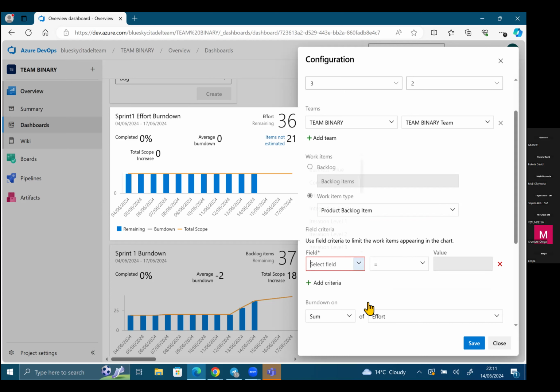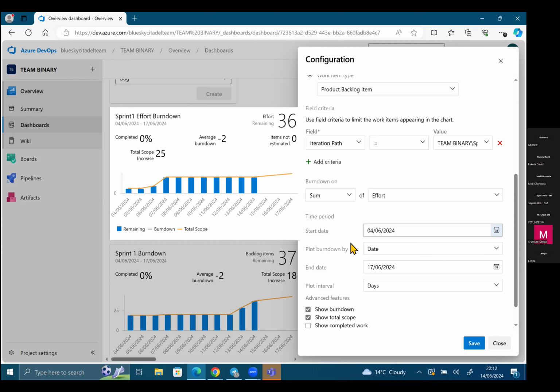Yes, that's for your product backlog item, the backlog stories themselves. So if you do the same thing, go to where you pick the ellipses for the configure.